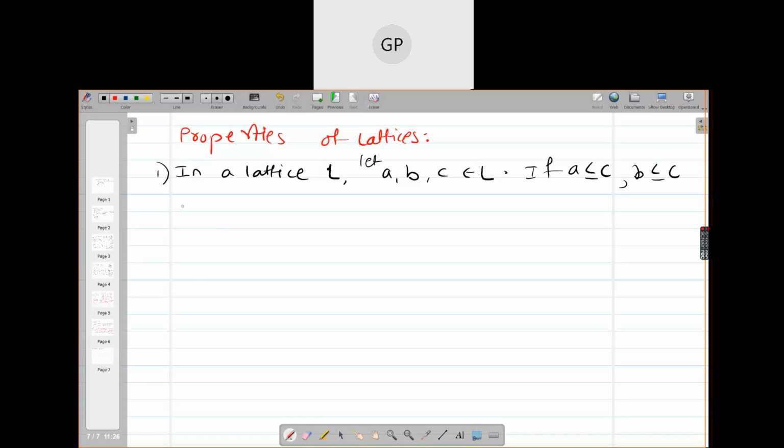What does it mean? A is less than or equal to C and B is less than or equal to C. Means, what is C for A and B?